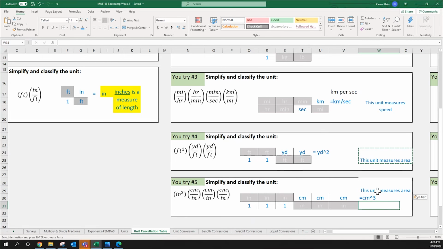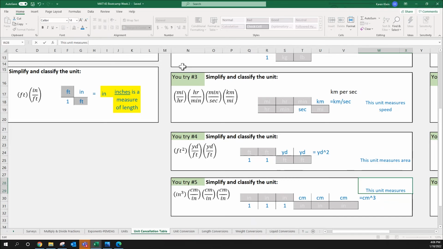And when we have something raised to the 3rd power, what is this measuring? We said squared measures area. If we have an exponent to the 3rd, a unit to the 3rd power, and we're talking about length, that measures volume.